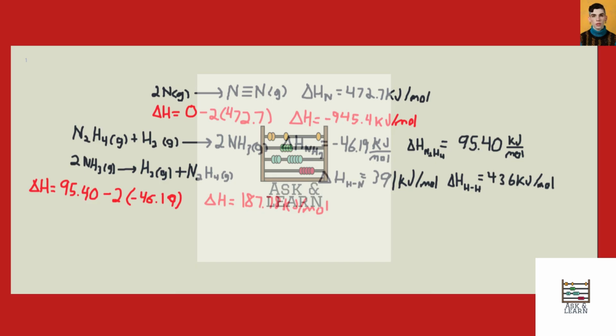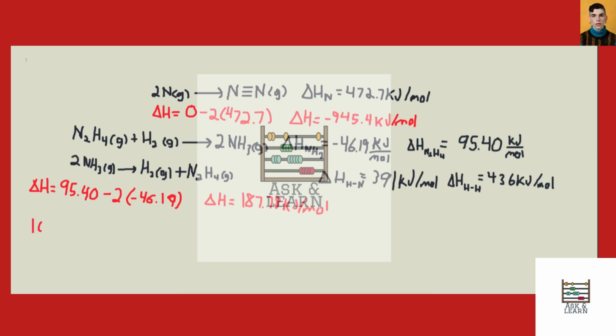So we're going to set the delta H we have here equal to Hess's law, but instead of using delta H of formation, we're going to use the bond enthalpy, because the difference in the bond enthalpies of the products and reactants is roughly equivalent to the delta H of formation for the reaction.